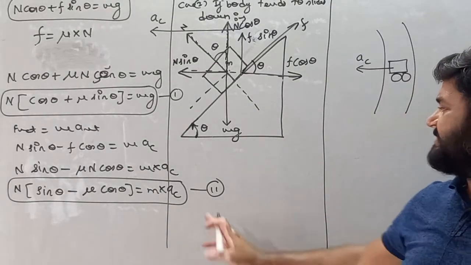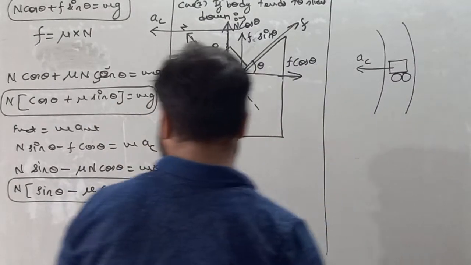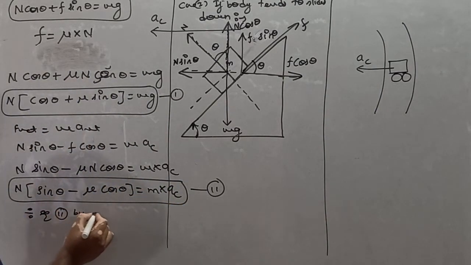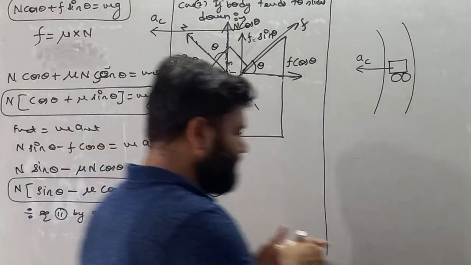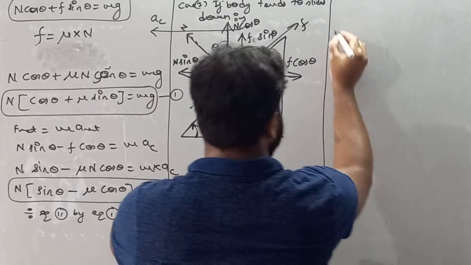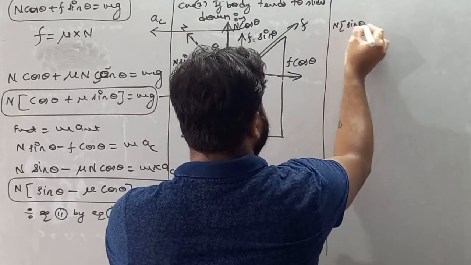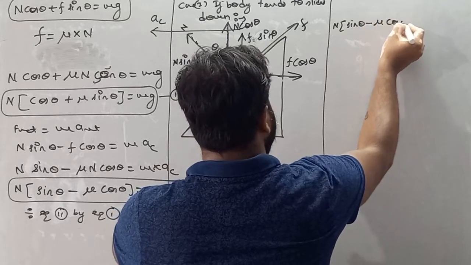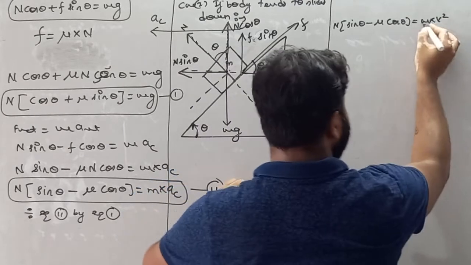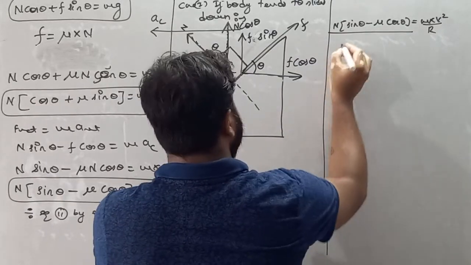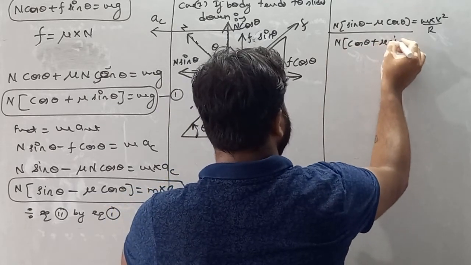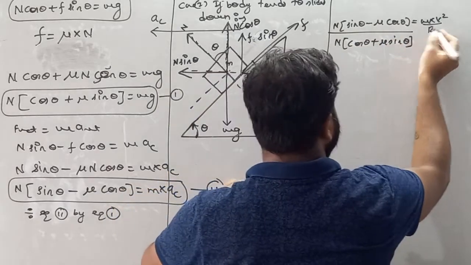Now we'll divide equation 2 by equation 1. What will we get, my dear student? We'll get N (sin theta minus mu cos theta) equals m into, instead of a_c we can write v square by r, divided by N (cos theta plus mu sin theta) equals mg.